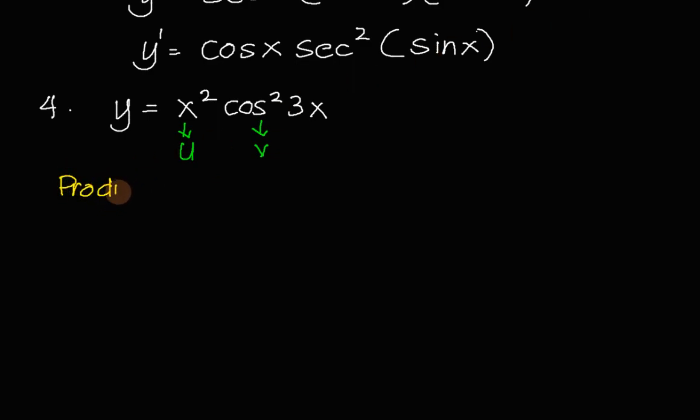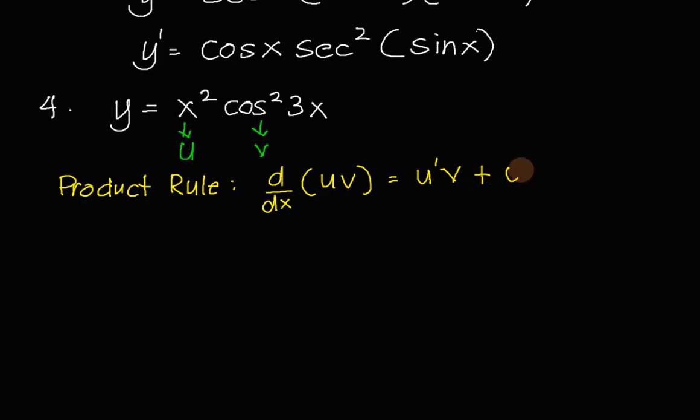What's the product rule? The derivative of the product of two functions u and v is just the derivative of u, u prime, times v plus u times the derivative of v.